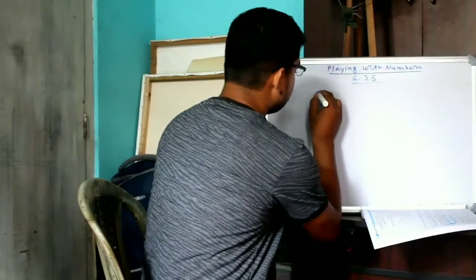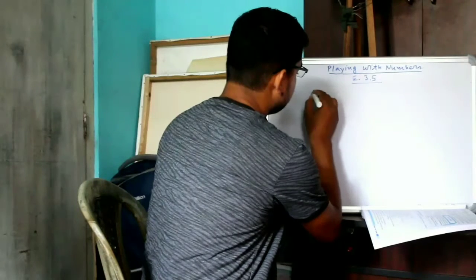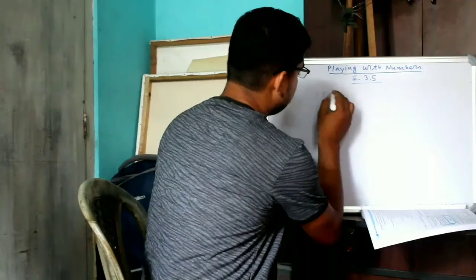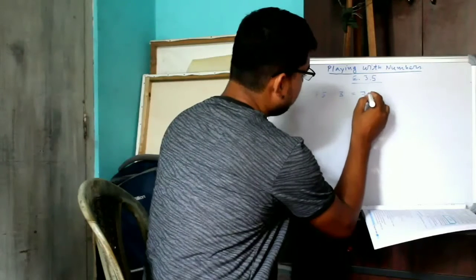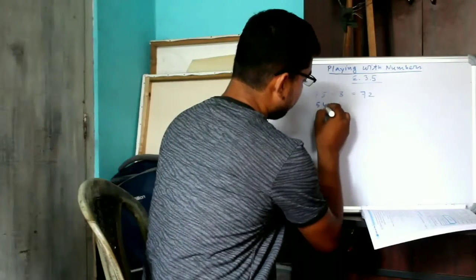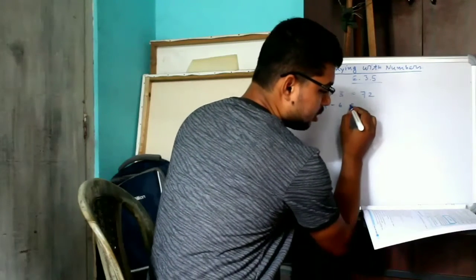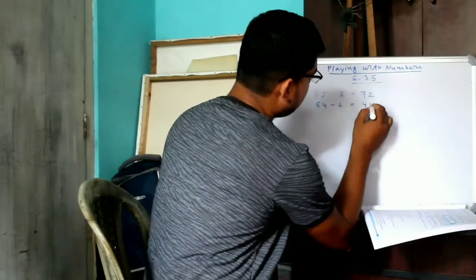So now 75 minus 3 equals 72 and 54 minus 6 equals 48.